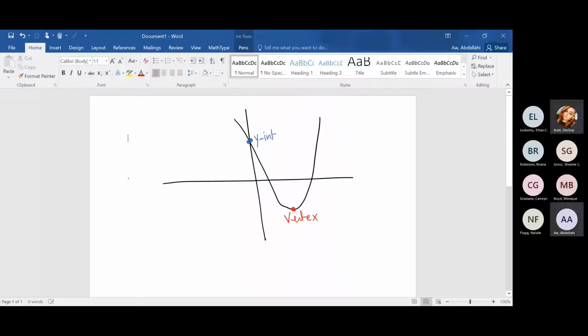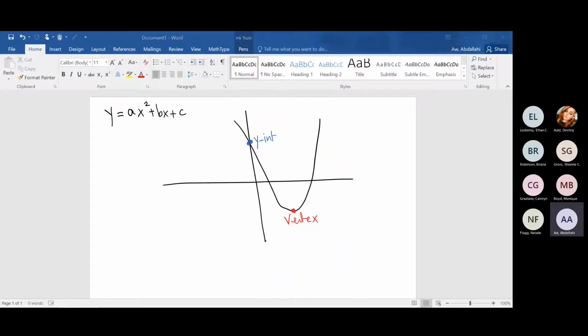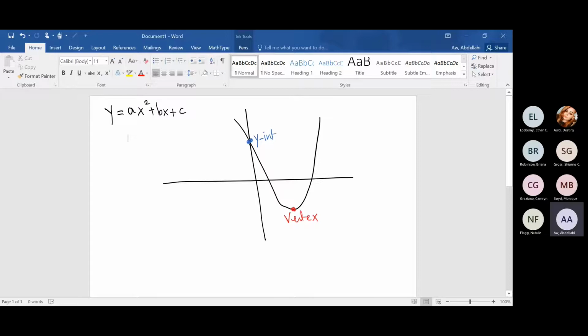Now look, if my equation is y equals ax squared plus bx plus c, for any y-intercept, how much is the x? That point right here is the y-intercept.